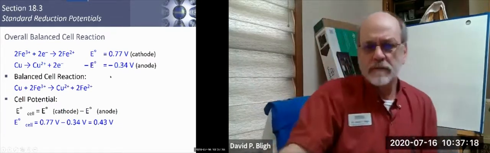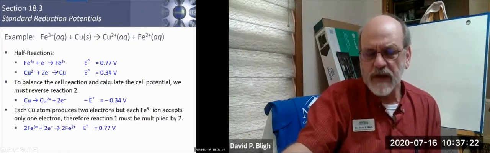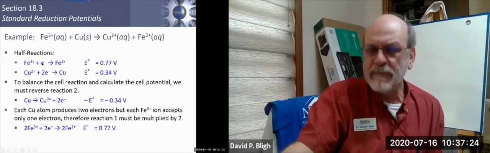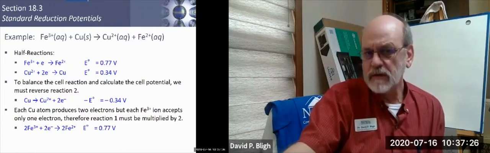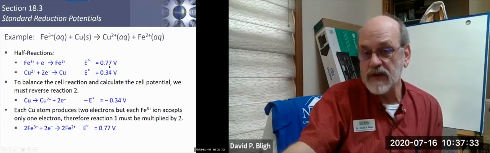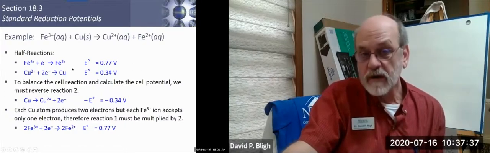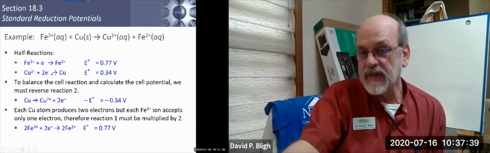If you look at the two reduction potentials here, and you say, which flip would give you a positive value? If you change the first one, the iron, into an oxidation, it gives you a large negative number, and the combination is negative. So that won't work. You need to change this one into the anode.